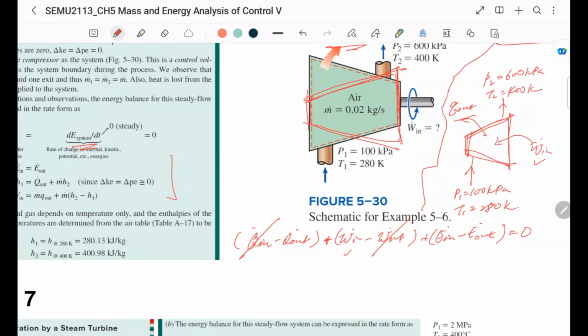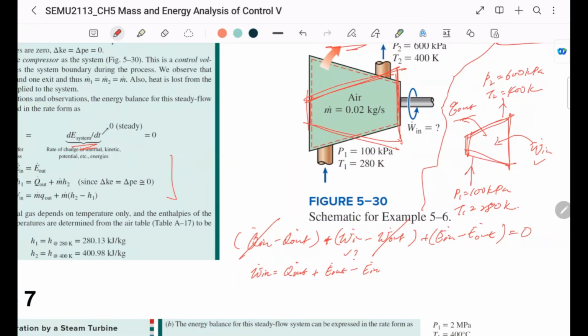And then we need to find out this, so we just need to rearrange the equation.